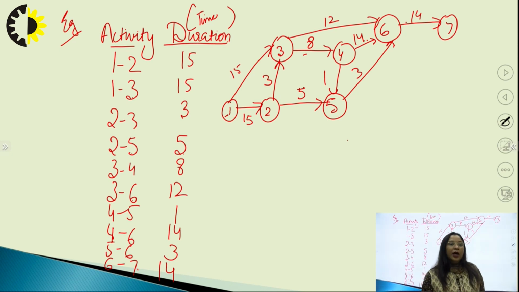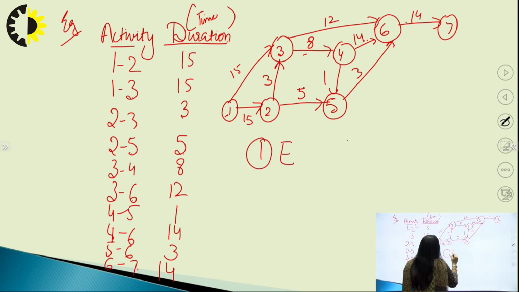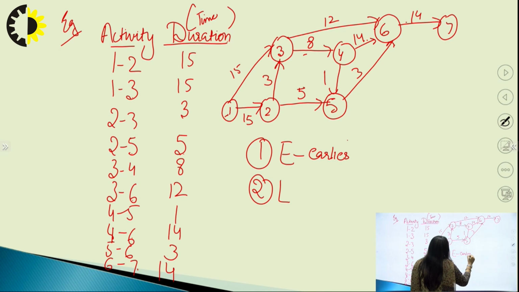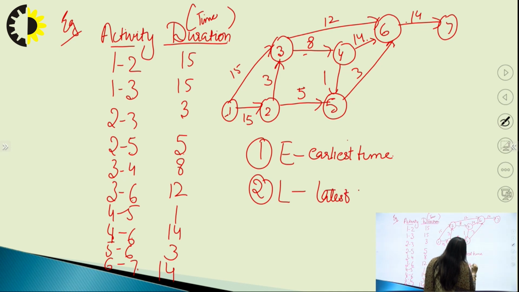Now what do we have to find out? We have to find out 4 kinds of time from this network. First we will concentrate on E and L. This is the earliest time, and this is the latest time.